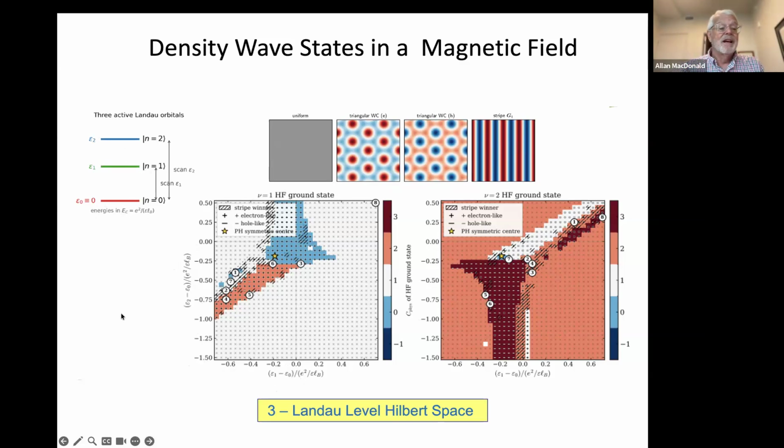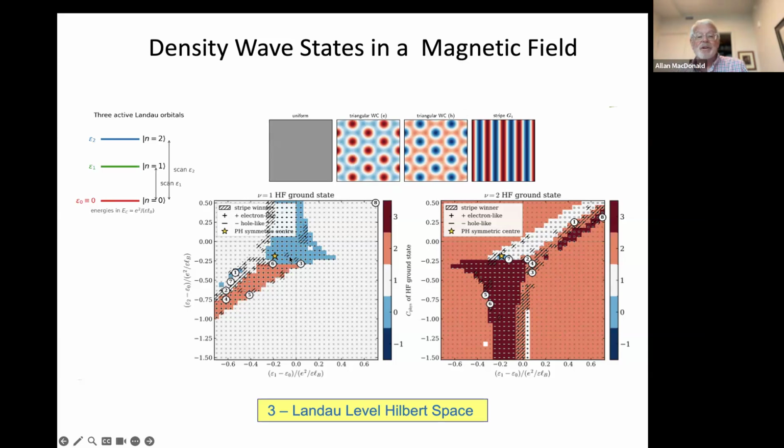In this calculation, we've allowed translational symmetry to be broken to form triangular lattice states. But if there's only order at one or two of the six reciprocal lattice vectors, or only one direction in momentum space, you end up with stripe states. Those are also allowed in these calculations.